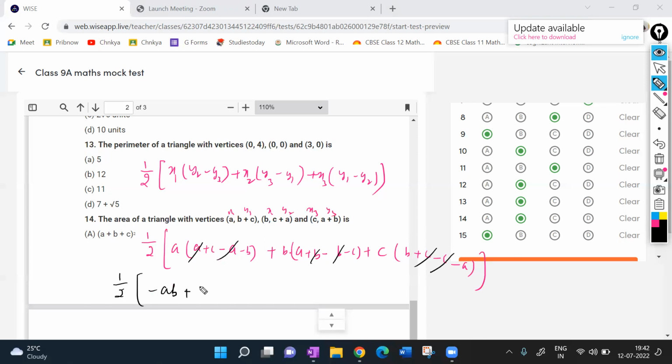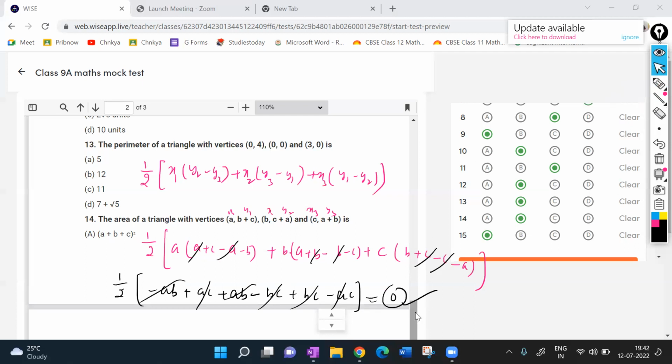Minus AB plus AC plus AB minus BC plus BC minus AC. AC, BC, AB will all get cancelled. The answer is going to be half into 0, which is 0. Your area is going to be 0, beta. Option B is correct.